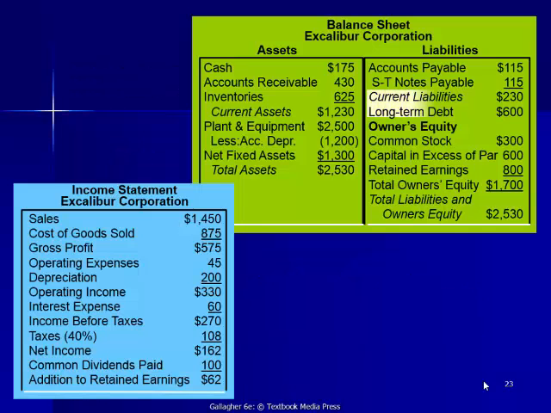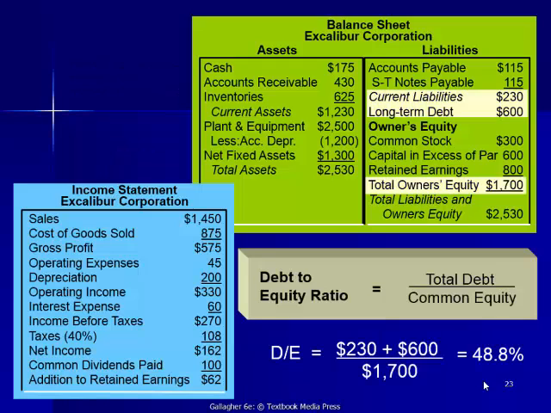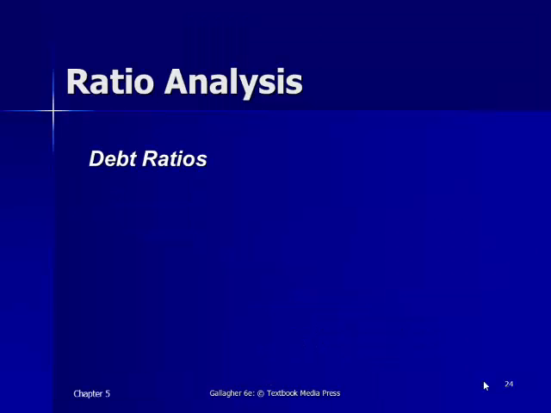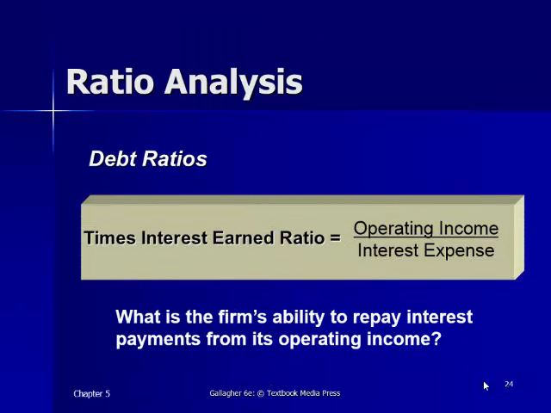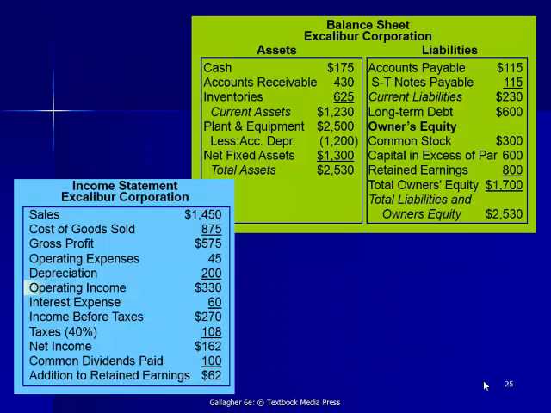Here's the debt to equity ratio, just another way of looking at the relative debt load that a particular firm has on its balance sheet. Here's a very different type of debt ratio. It comes from the income statement. Times interest earned. This is sometimes also called the interest coverage ratio.